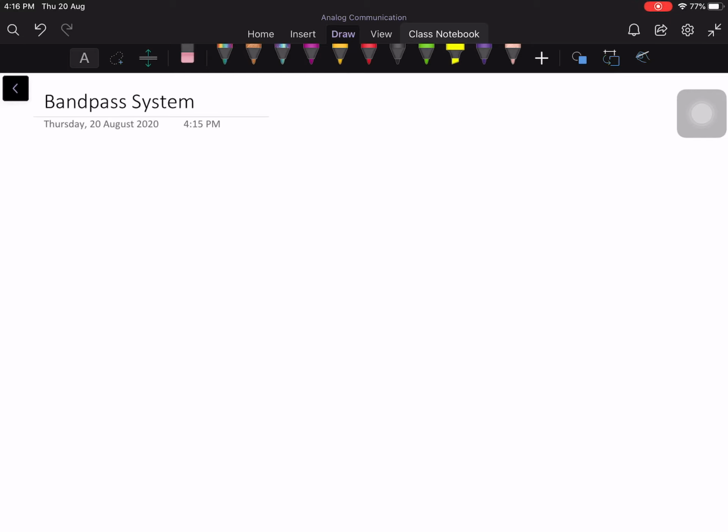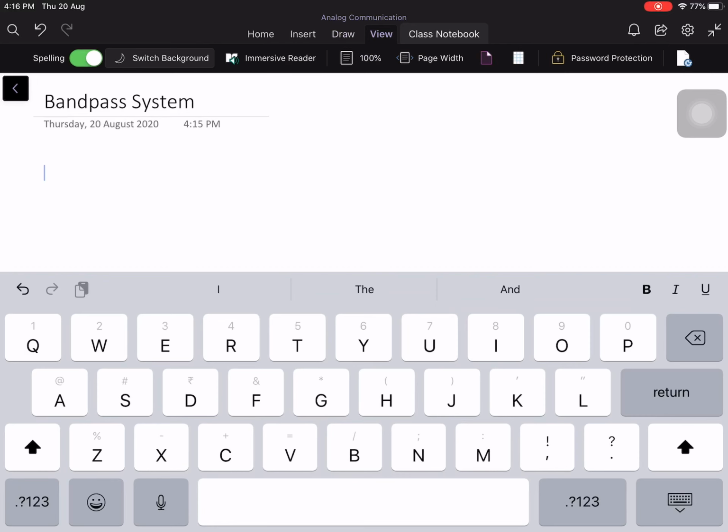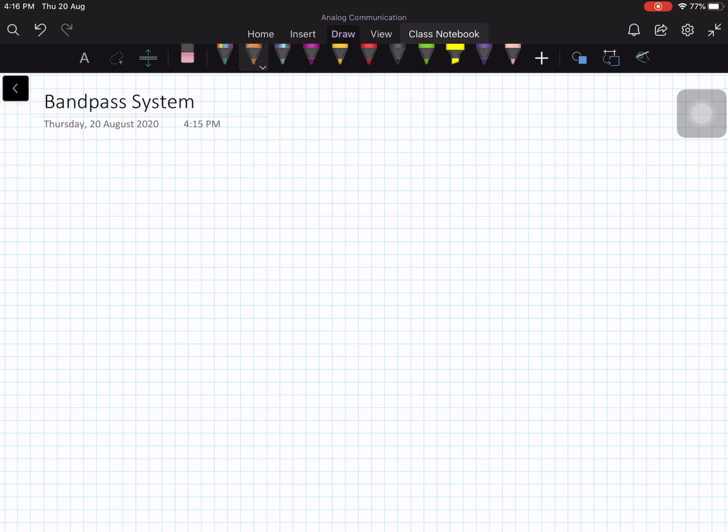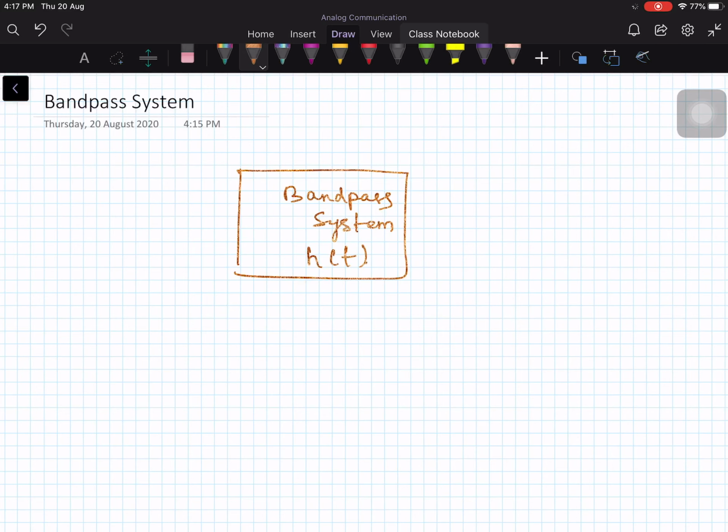So you have a bandpass system, and its impulse response is h of t, and the input is a signal x of t, and this is a bandpass signal. This is the output y of t.